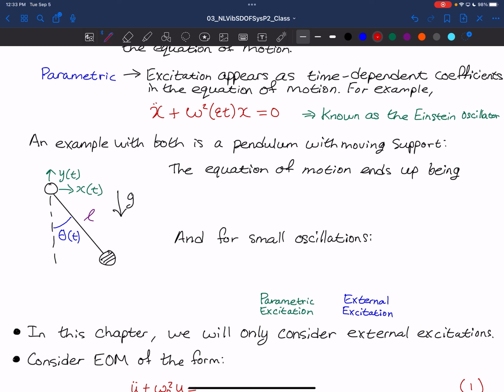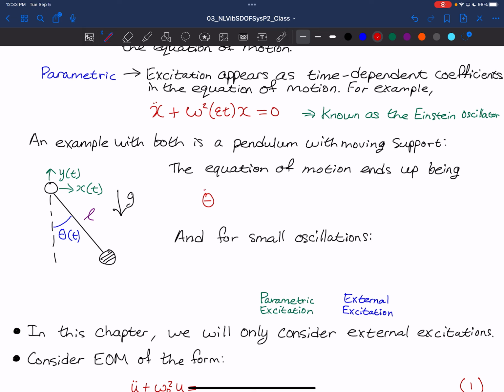And the equation of motion ends up being theta double dot plus the quantity g divided by L minus y double dot over L, times the sine of theta, minus x double dot over L times the cosine of theta, is equal to 0.